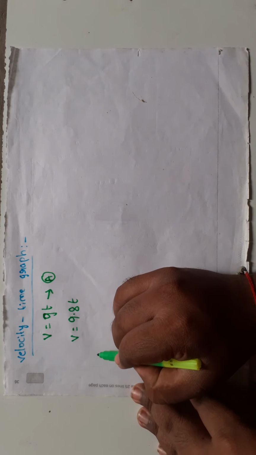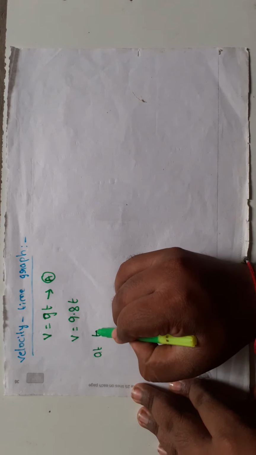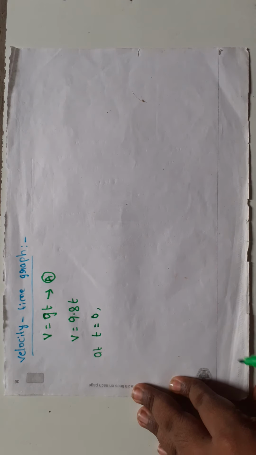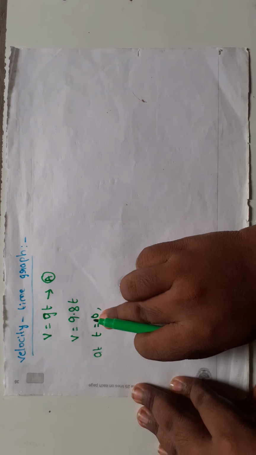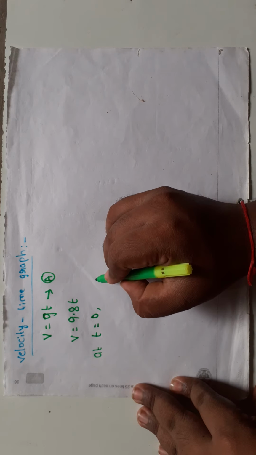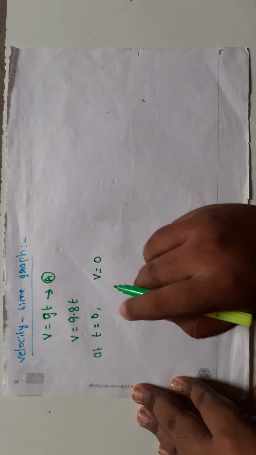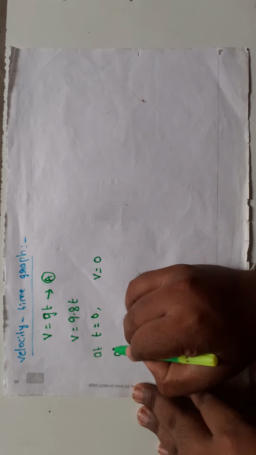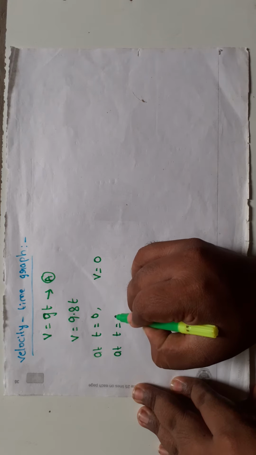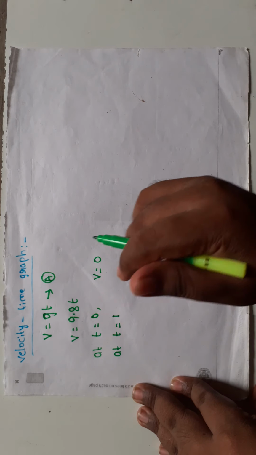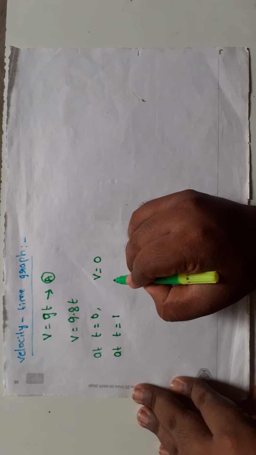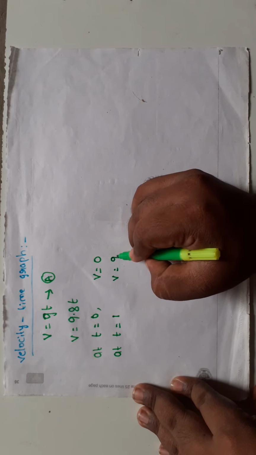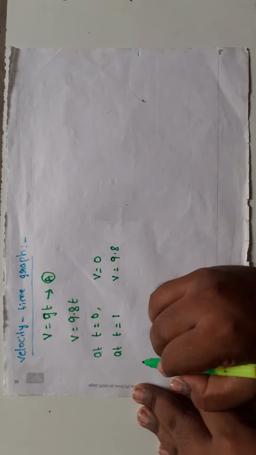At time t equal to 0, substitute, what is the velocity value? Velocity is 0. At time t equal to 1 second, velocity value is 9.8.